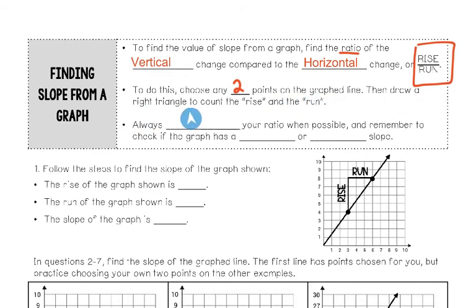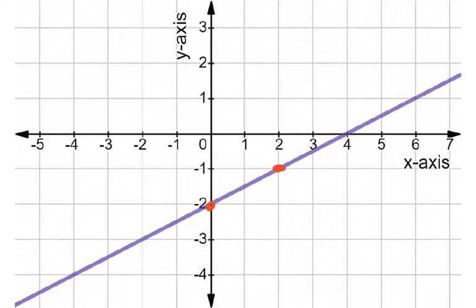Then draw a right triangle to count the rise over the run. Here's what I mean by that. You start at one of your points. Always start at the point on the left. And what I'm going to do is I'm going to count how many times I have to go up and over to get from one point to the next. Let me show you that again. I want to count my rise, how many times I go up. In this case, it's just one. I went from here to here, so up one.